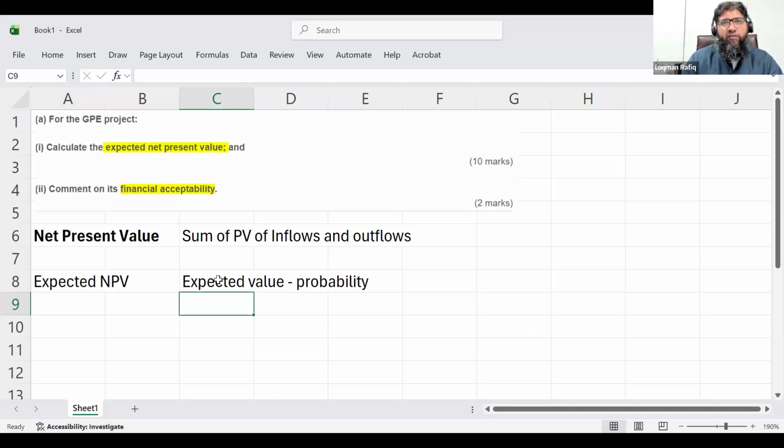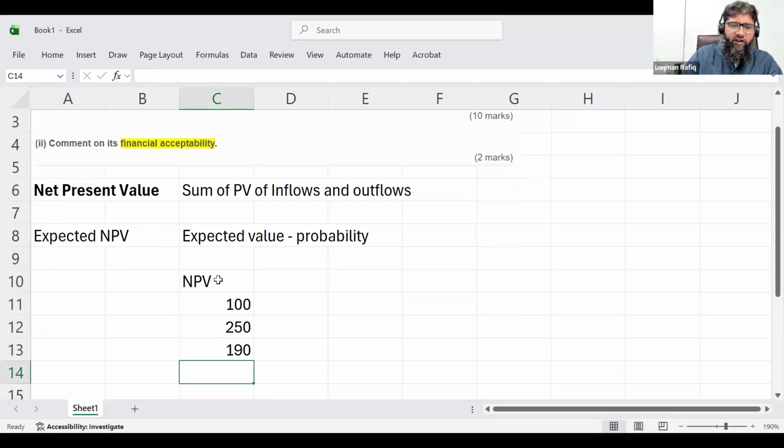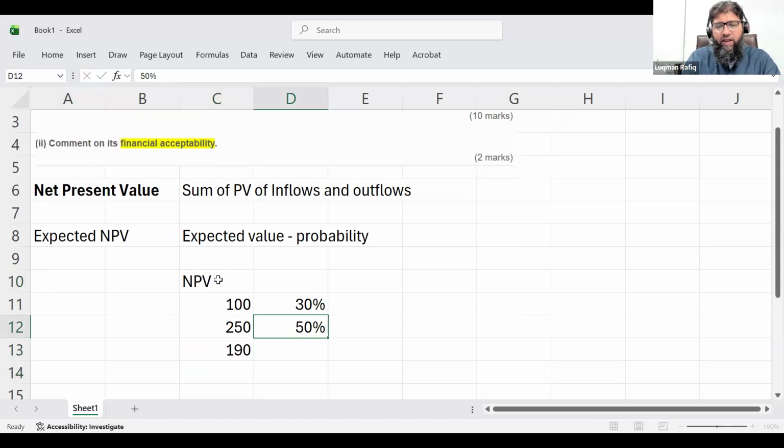Now, what exactly do we do with respect to expected values? Let's say I'm getting NPVs of 100, 250, 190, and there's a 30% likelihood, a 50% likelihood, and a 20% likelihood.